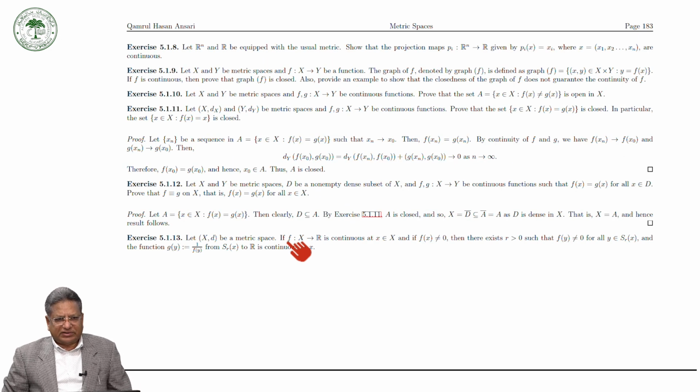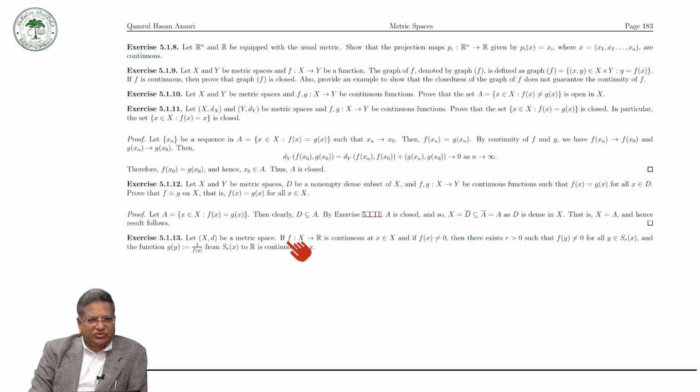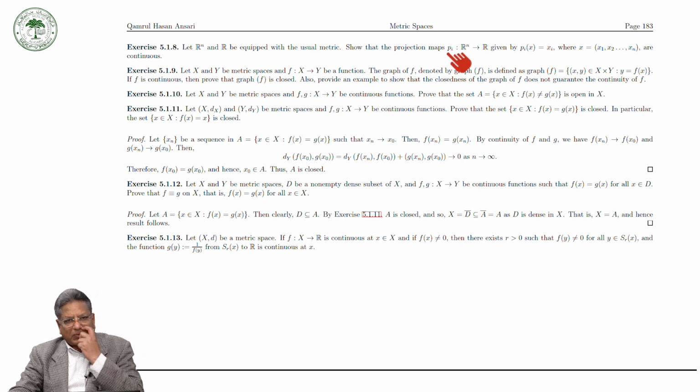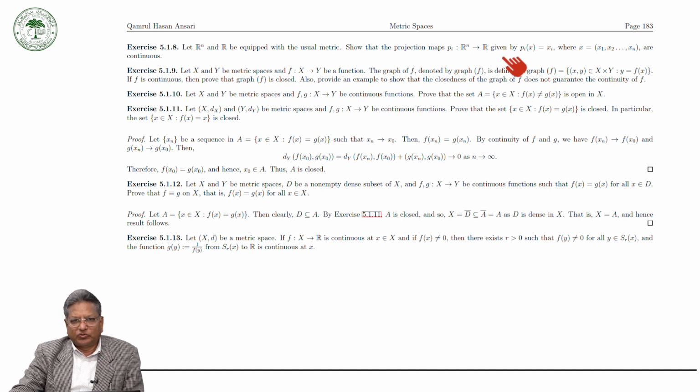Now there are several other exercises, and you can also see these exercises. First, let R^n and R be equipped with the usual metric, then show that the projection map pi from R^n to R, defined by pi_i(x) = x_i, is continuous.